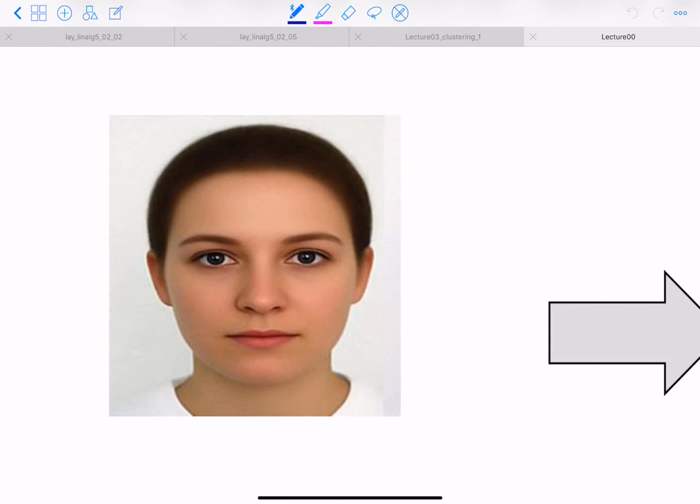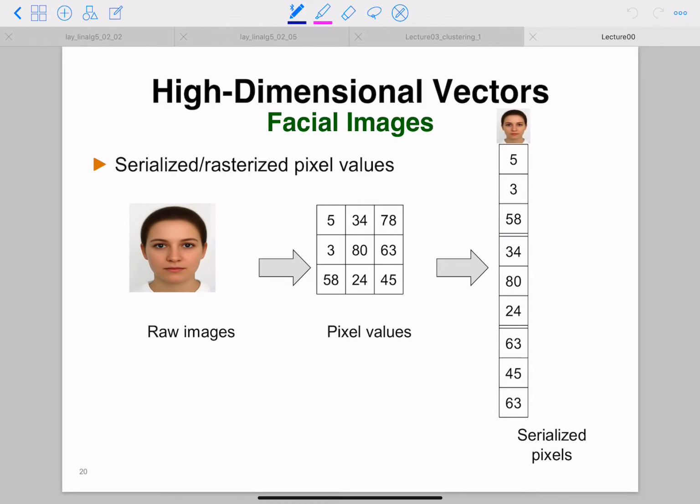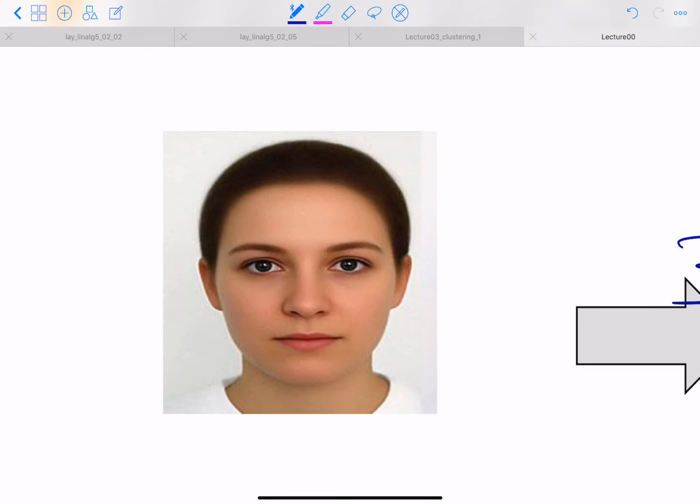Let's consider the facial images, and suppose this one is 3 by 3 pixels. Although the resolution is ridiculously low, and the actual images we see have much higher resolution, suppose this one is 3 by 3.